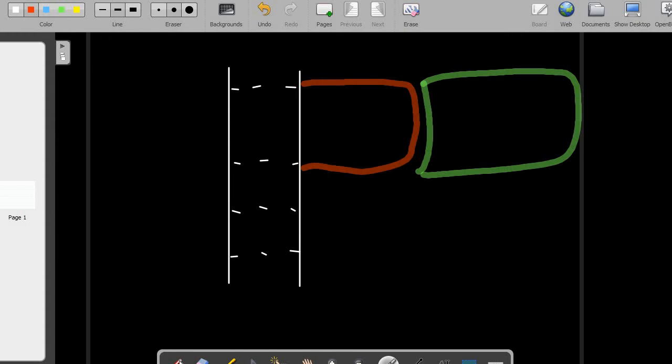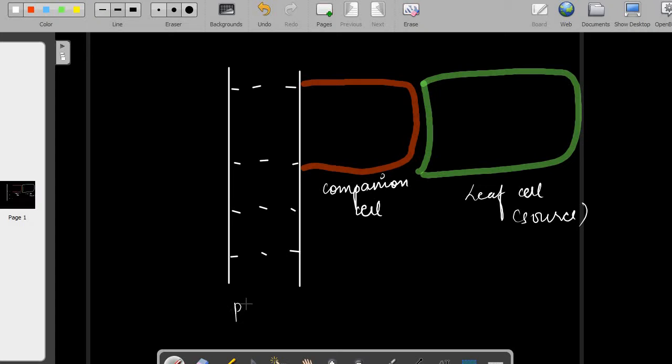This is the companion cell. Let me just write it down. This is the leaf cell, which is a source. Right next to it, we have the companion cell. And this is the phloem sieve element.